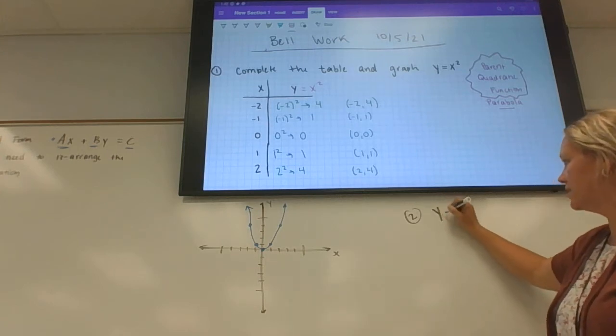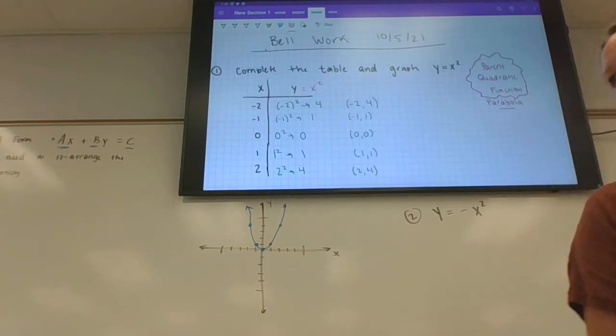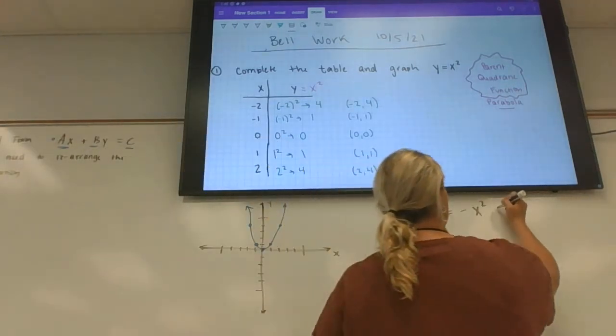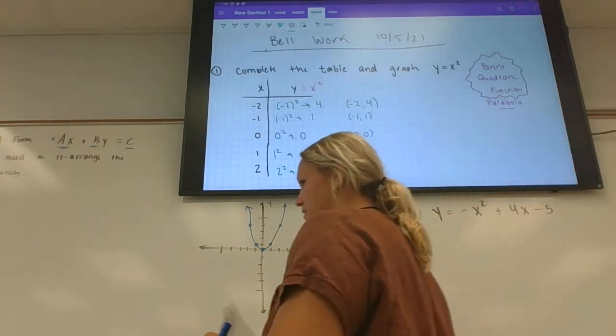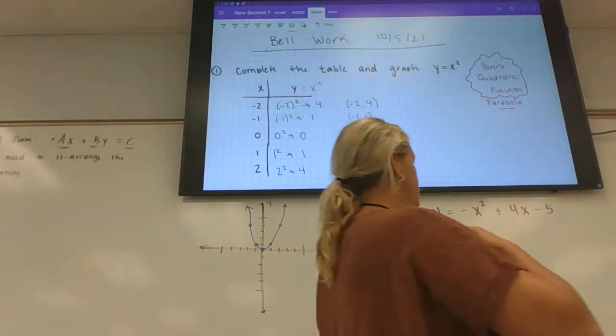So let's try that same table with negative x squared. All right, so this is a full quadratic equation: negative x squared plus 4x minus 5.